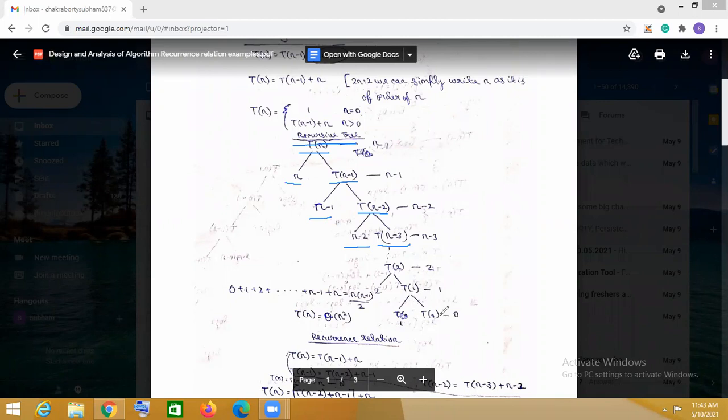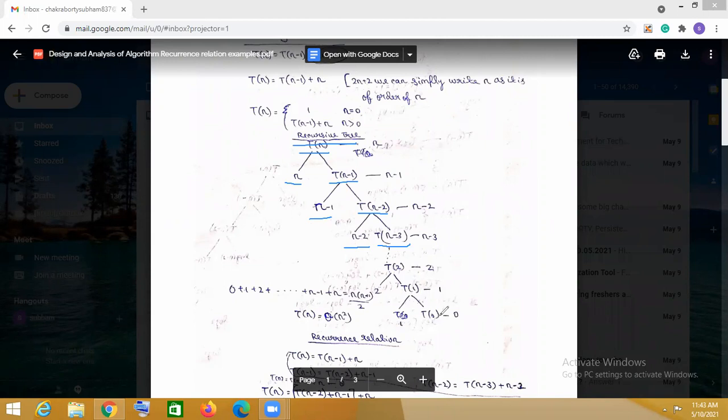So always think, when you are drawing a recursion tree, that your main motto is to make it 0. If it becomes 0, then the function will complete its execution. That's how the recurrence tree will look. First it will take Tn, then n will be printed and it will call itself, that is Tn minus 1. Then n minus 1 will be printed and it will call Tn minus 2.